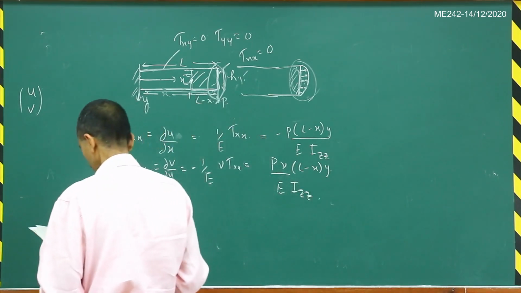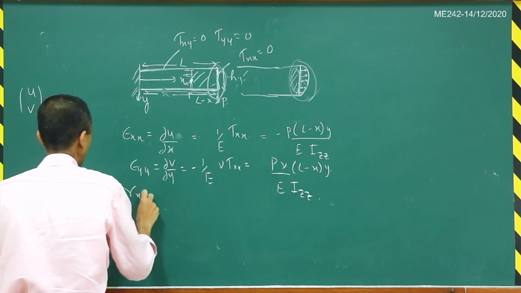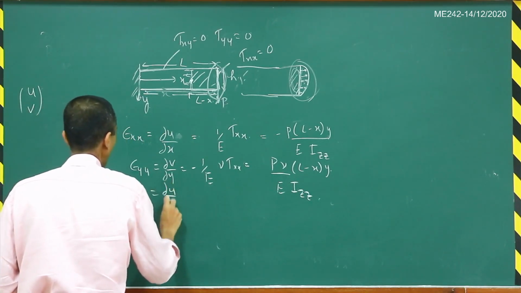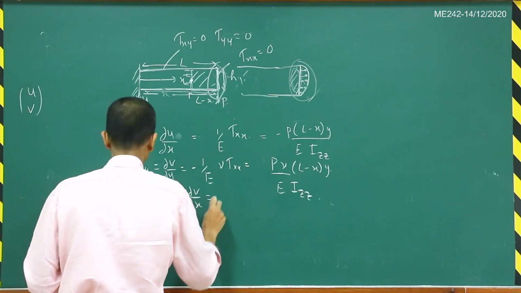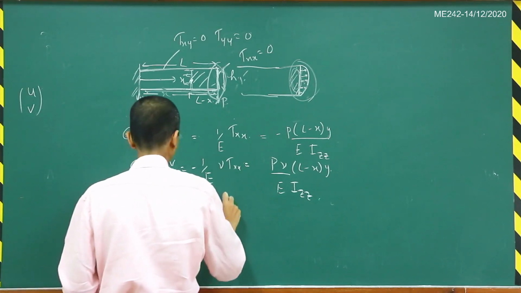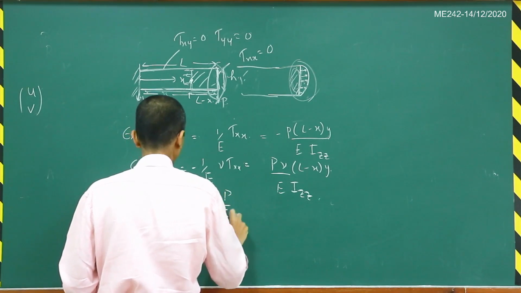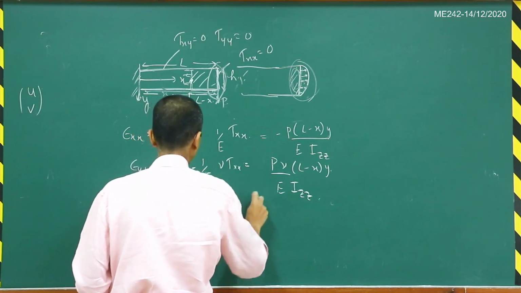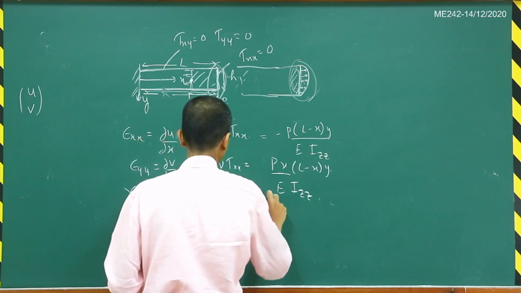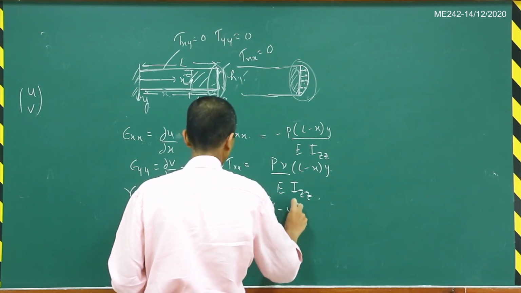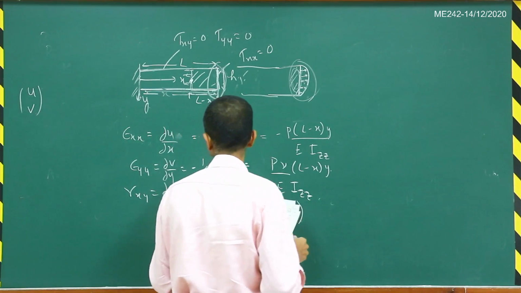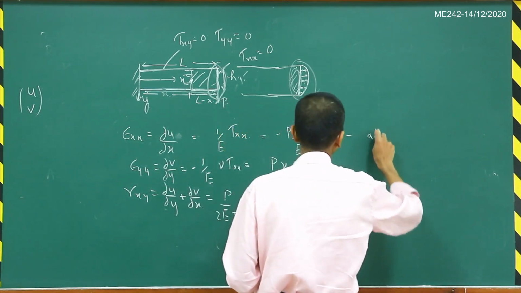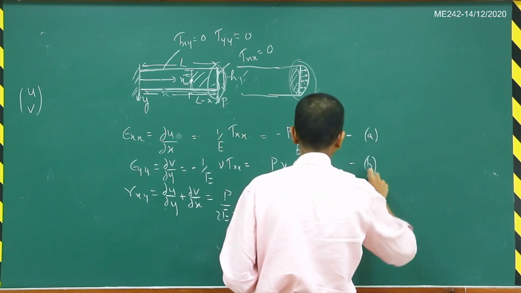And gamma xy is equal to del u by del y plus del v by del x, which is equal to P divided by 2 E I zz times (x squared by 4 minus y squared). These are the three equations A, B, and C.